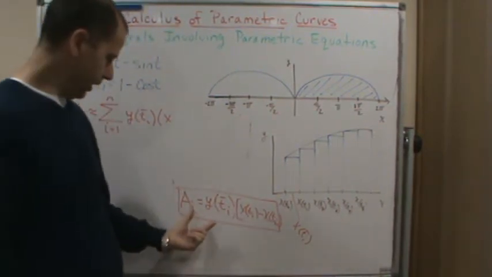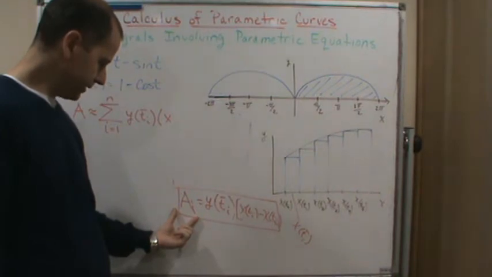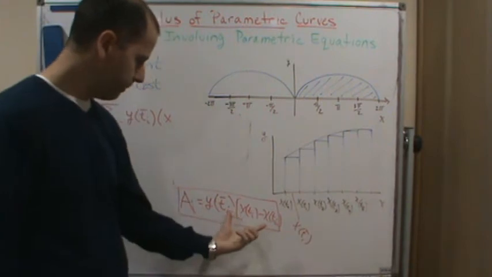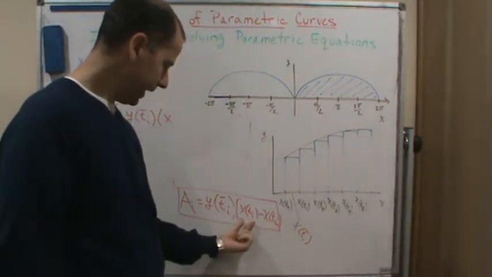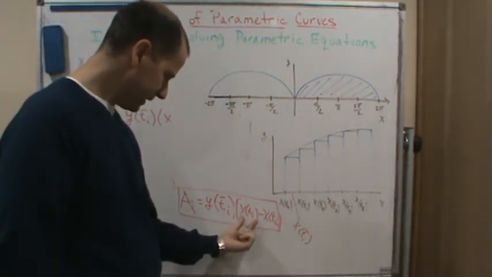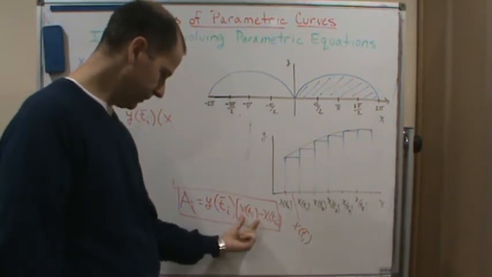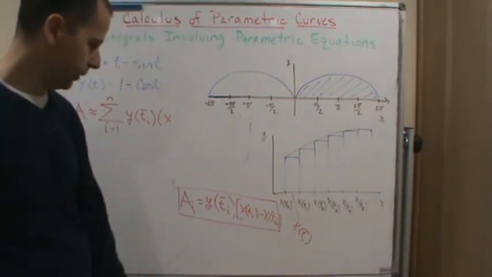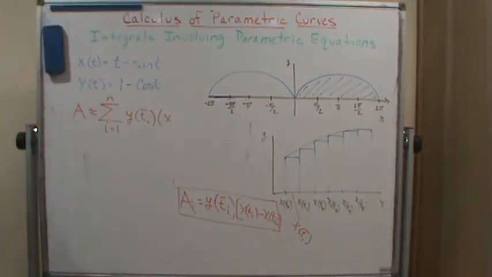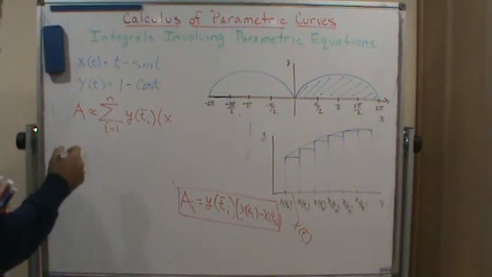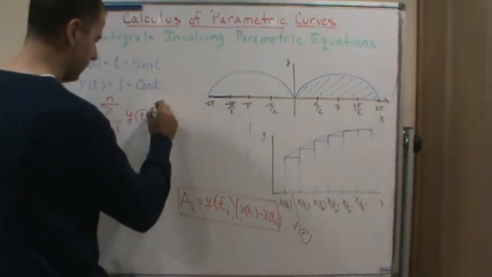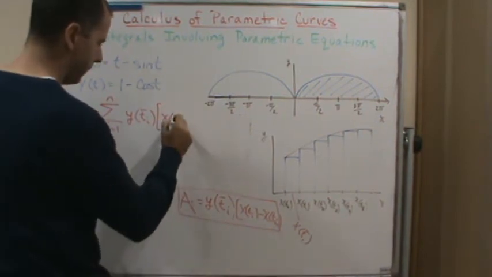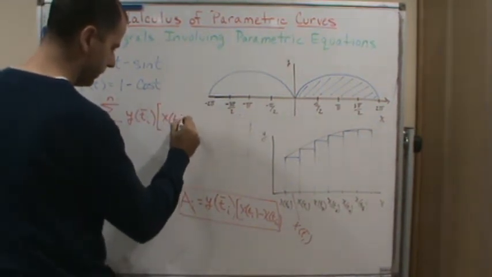Okay, so then our ith rectangle has an area of y of t bar sub i, and then the width is going to be x of t sub i minus x of t sub i minus 1. Okay, so that's the width of the rectangle.